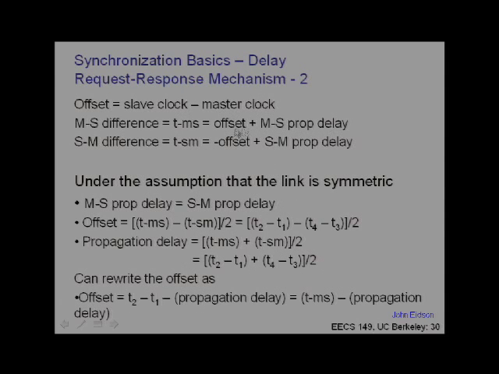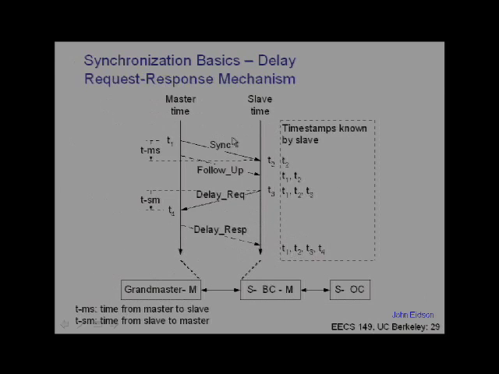When you look at the delay going from here to here, you're taking the actual receive time minus the actual send time with respect to God's clock, which is going to be the skew plus the propagation delay.